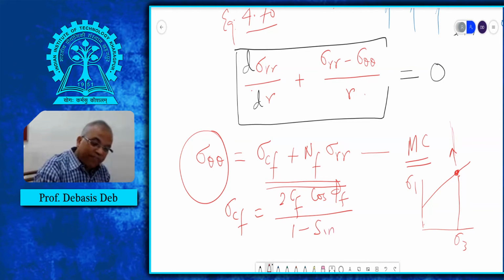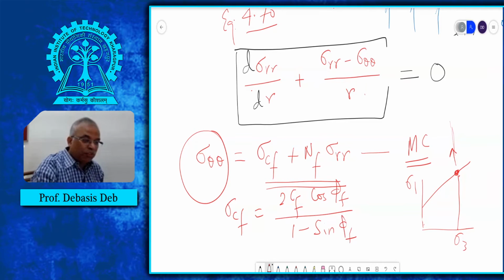Okay, it is the same formula we are using, and NF is the same as 1 plus sin phi F divided by 1 minus sin phi F. It remains the same. Only the subscript F is denoting the fractured rock.